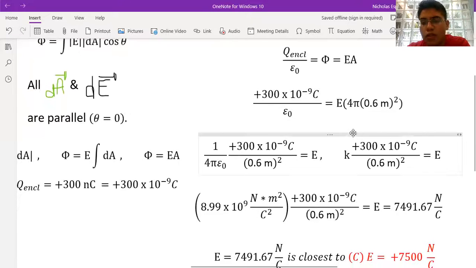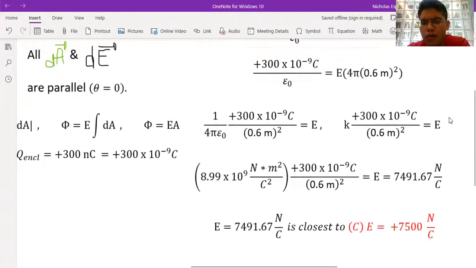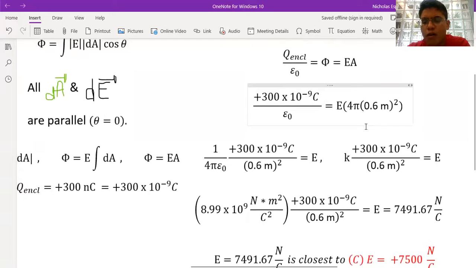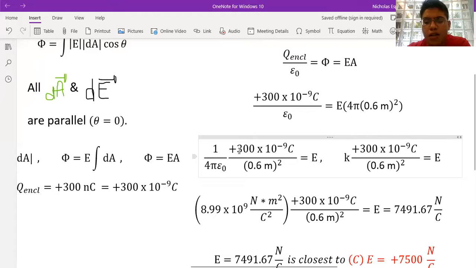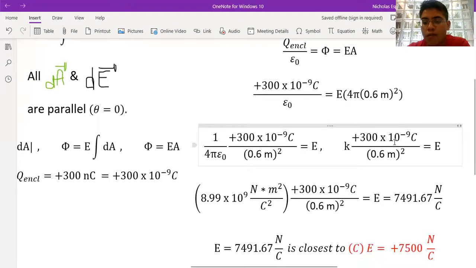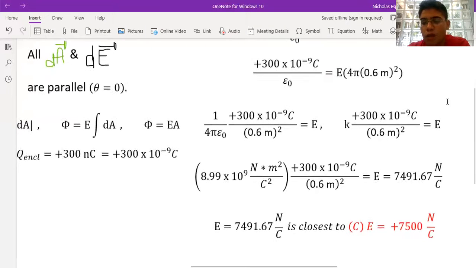We solve for E by dividing both sides by 4 pi r squared, and we have 1 over 4 pi epsilon naught times the charge divided by the radius squared. We also notice that 1 over 4 pi epsilon naught is really just K, another constant. So it's just K times the charge over the radius squared, and that is equal to our electrical field.